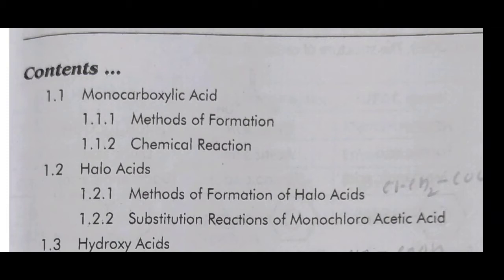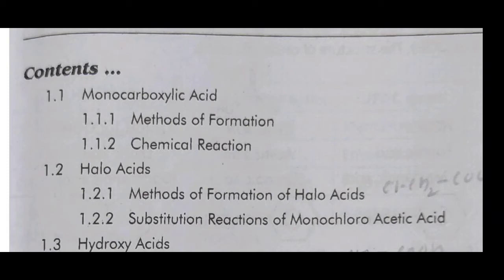If two hydrogen atoms are replaced, dihalo acids are formed, and if three hydrogen atoms from the CH3 group are replaced by three halogen atoms, trihalo acids are formed. The type of halo acid depends upon how many hydrogen atoms from the CH3 group are replaced by halogen atoms.